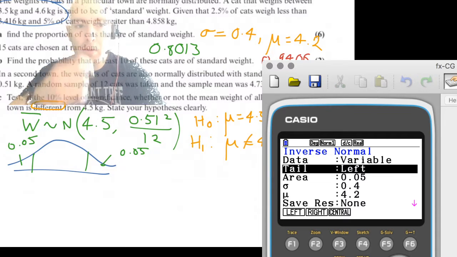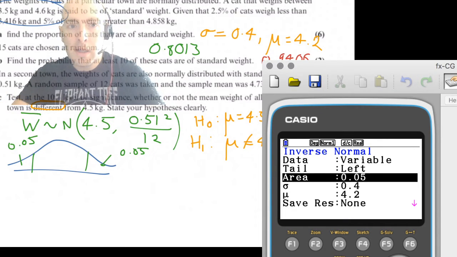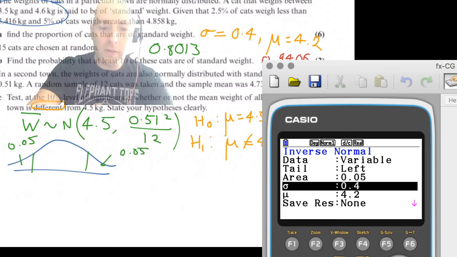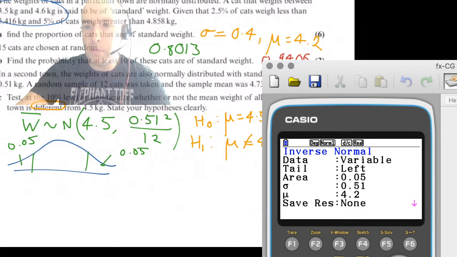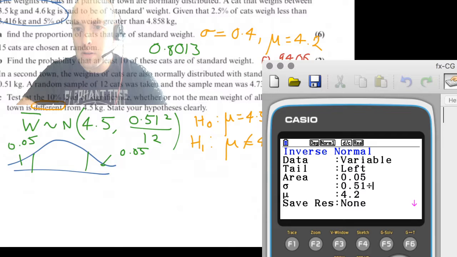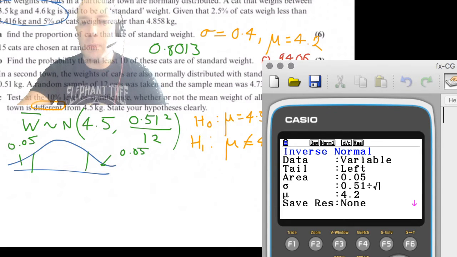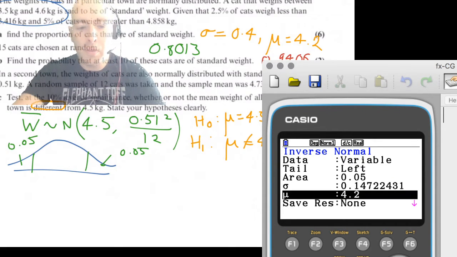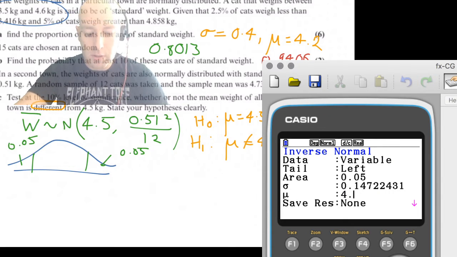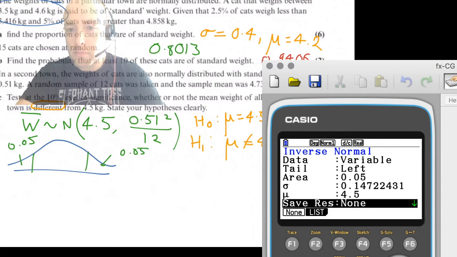And type in 0.05, which is already there. Sigma this time is going to be 0.51 divided by the square root of 12. It's a bit more confusing than that one. Mu 4.5, as they told us in the question, and that should do it.